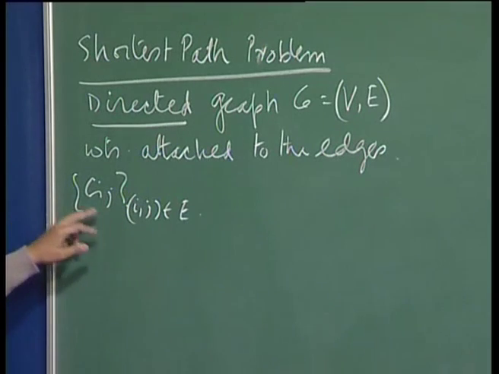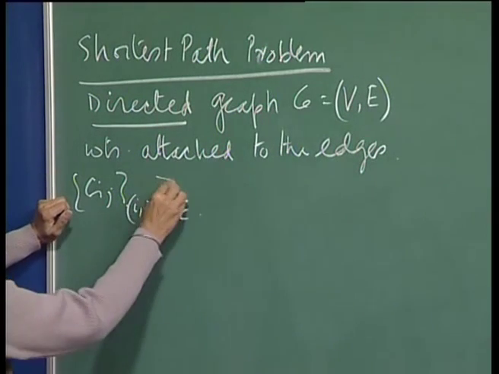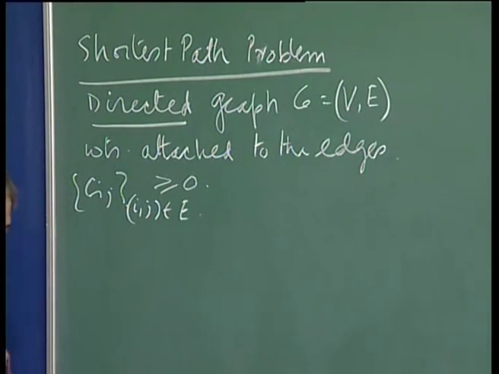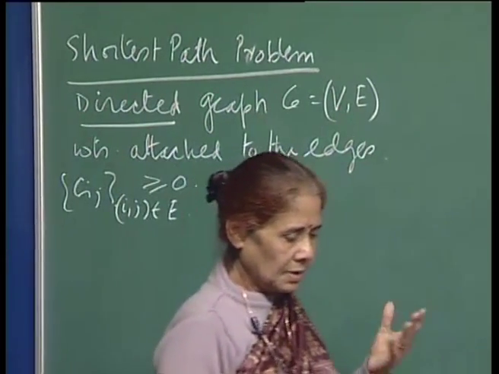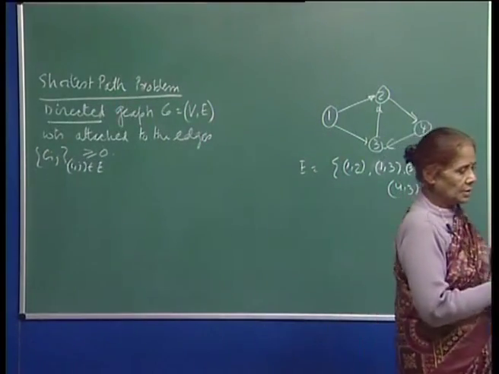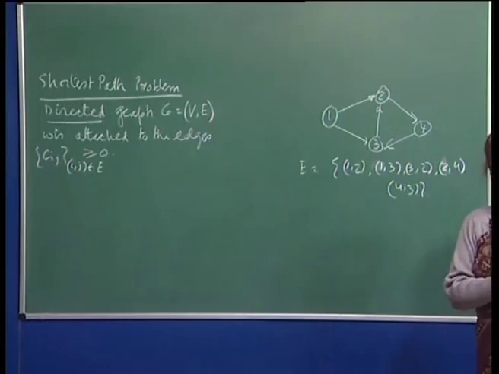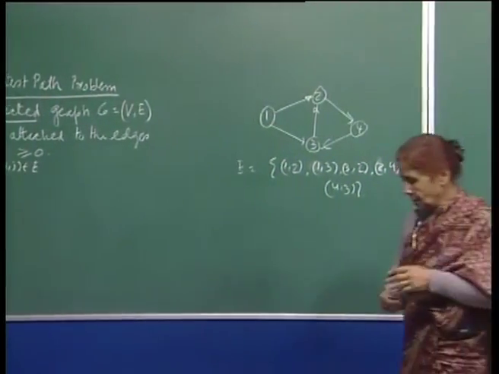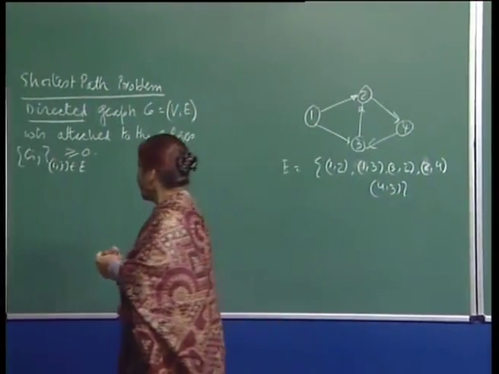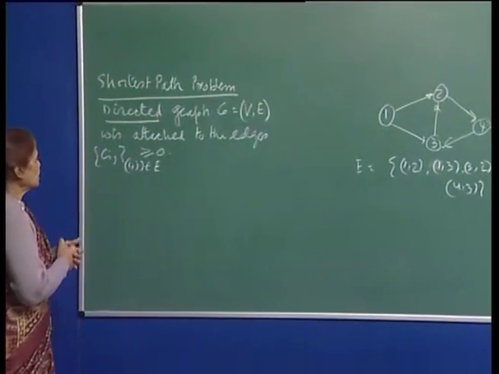So, for every edge you have a weight, and we are considering the case when the weights are non-negative, because the formulation and the application of this primal dual will be straightforward. Of course, you can handle other situations also, but the weights attached to the edges are this.